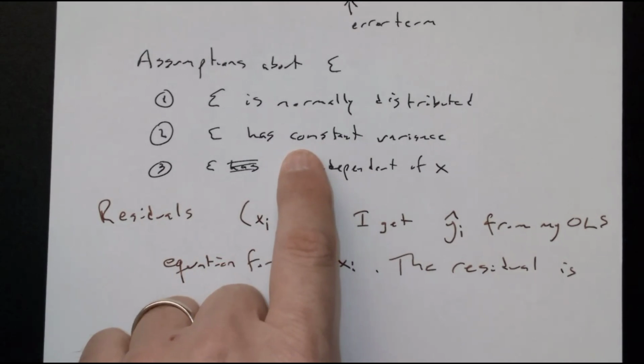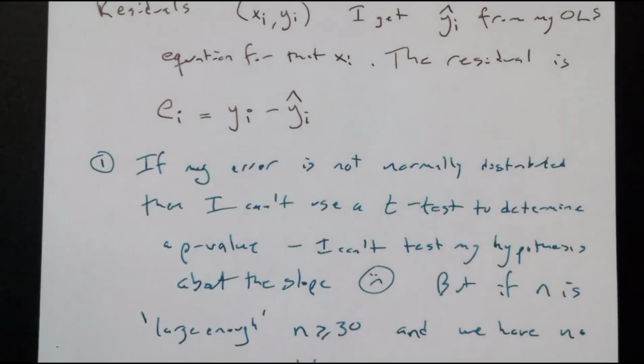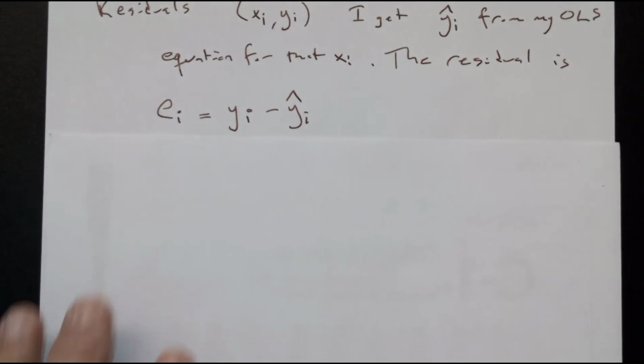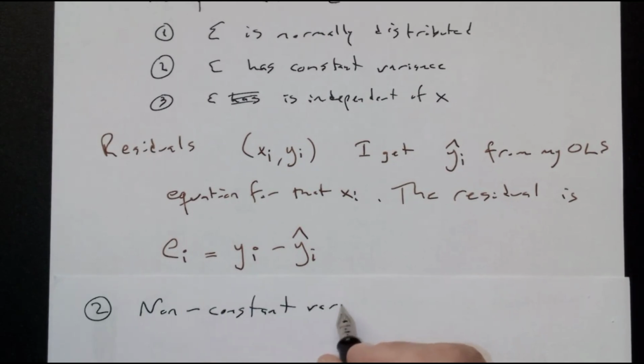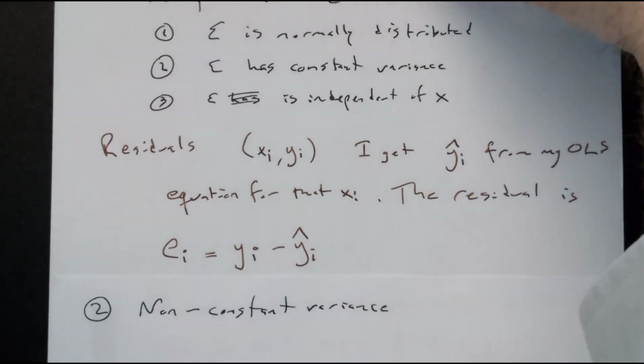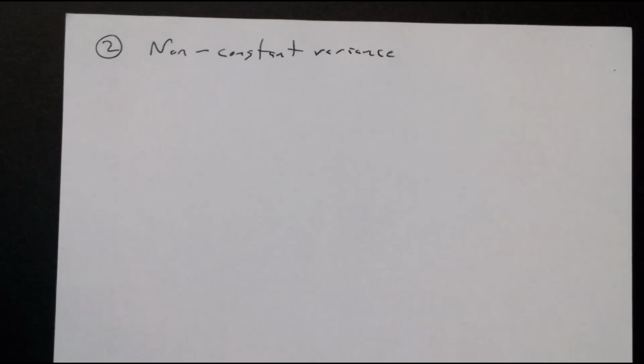The next thing I want to talk about is constant variance. So what would my errors look like if the variance depended on what X value we were at?